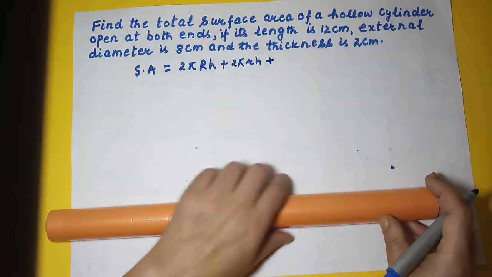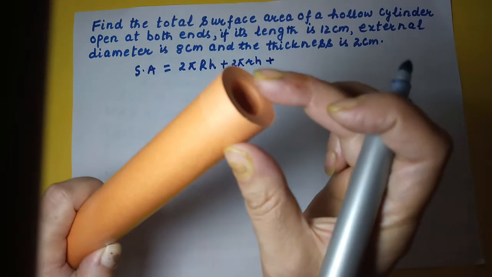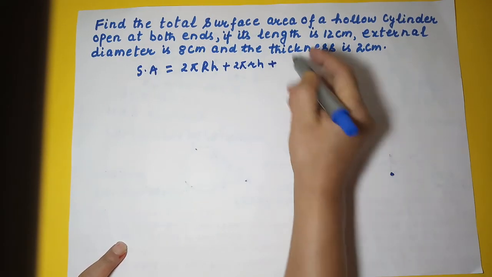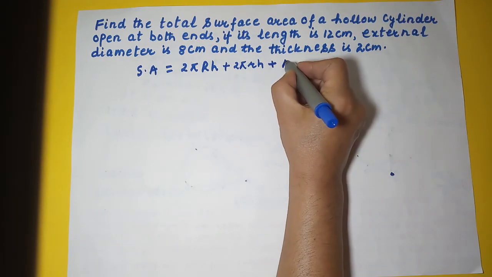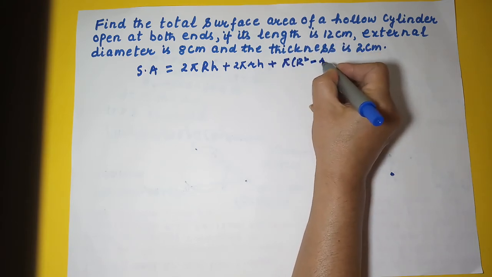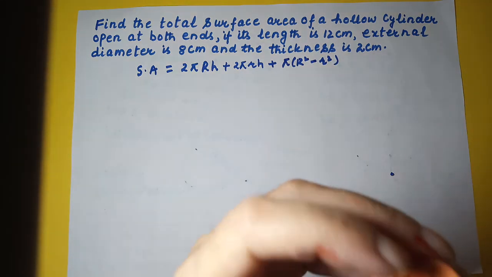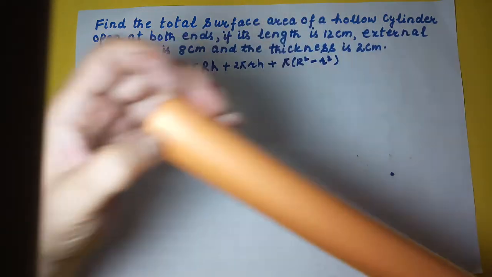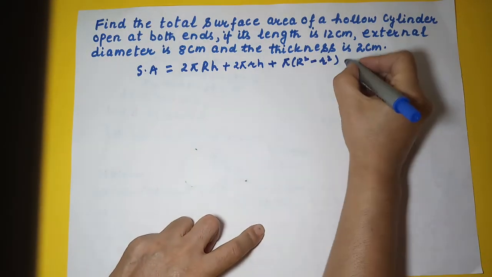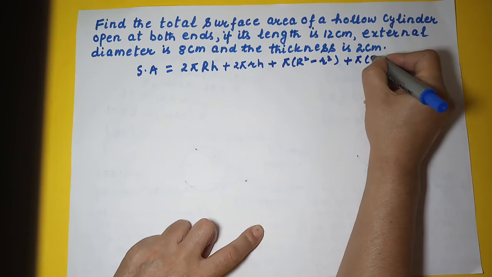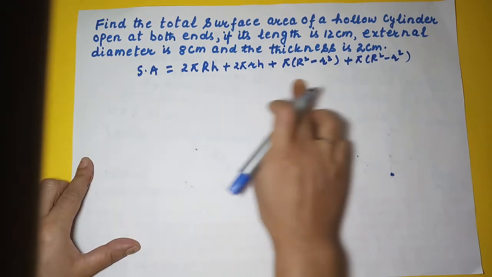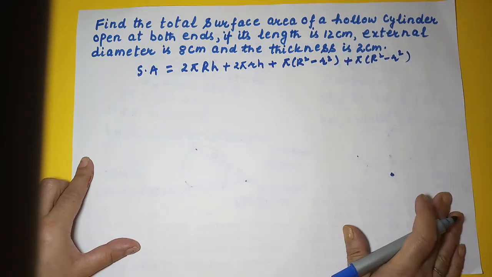Along with that, these two areas of concentric circles, how do I find the area of the concentric circles? It is pi R square minus r square, and then this part also, bottom part, this was the top part, right? So plus pi R square minus r square. This is what I have to calculate, total surface area of this cylinder.